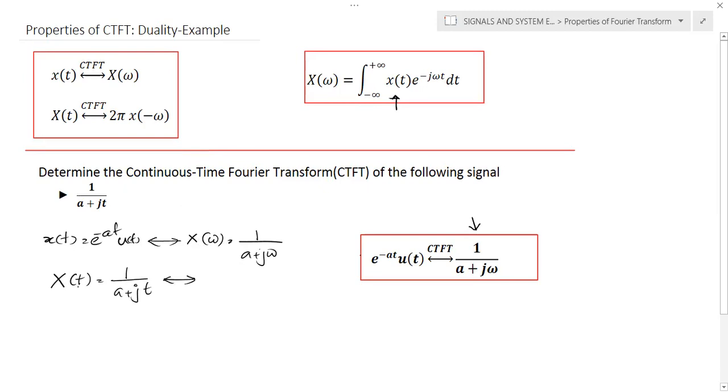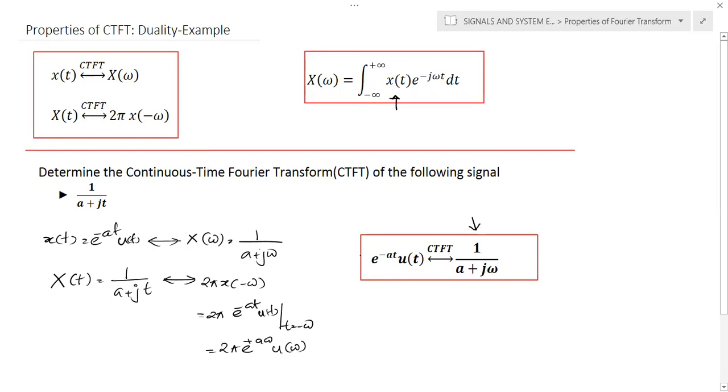According to the duality theorem, its continuous time Fourier transform is 2 pi into x of minus omega, means 2 pi into small x of t, which is e raised to minus at into u of t. You need to substitute t equal to minus omega in this equation. So you will get 2 pi e raised to minus a times minus omega, so e raised to a omega, and in place of u of t, you will get u of omega.